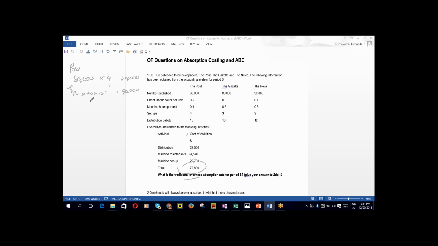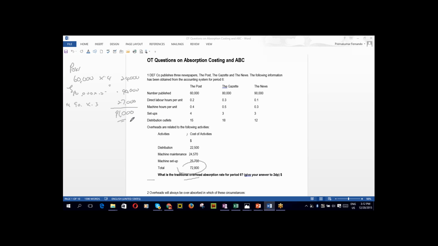And the news is 90,000 into 0.3, which is 27,000. So the total machine hours run during this period is 24 plus 40 plus 27, 91,000.